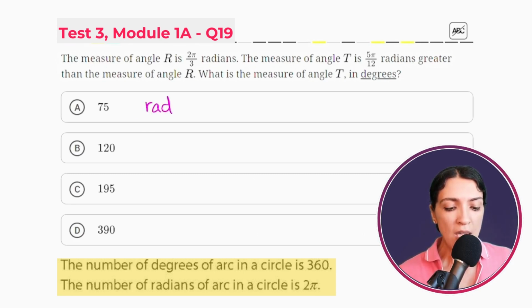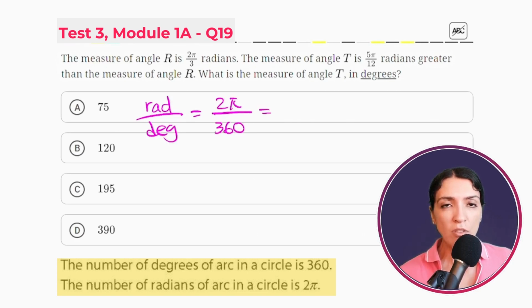So if we have 2 pi radians is 360 degrees, now we want to find what is 2 pi thirds radians. So we'll leave 2 pi thirds on top because on top we're putting radians. And then we need to find the corresponding degrees, which I would replace by x.